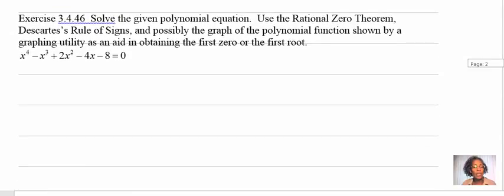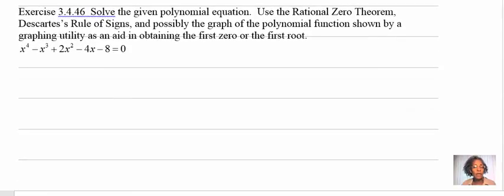So let's go to exercise 46 of this section, and let's solve the given polynomial equation by using the rational zero theorem, Descartes' rule of signs, and possibly the graph of the polynomial function shown by a graphing utility as an aid in obtaining the first zero or the first root.